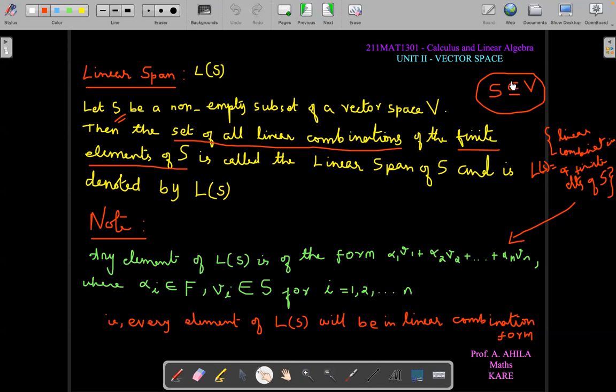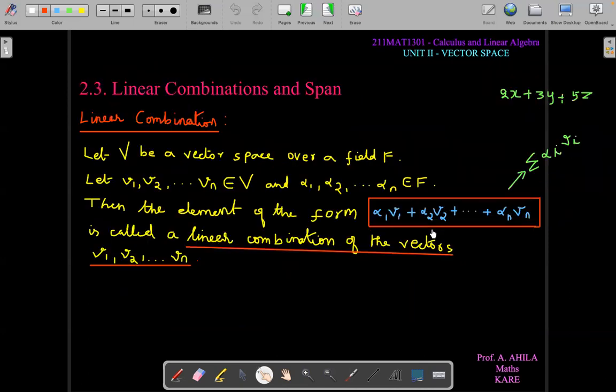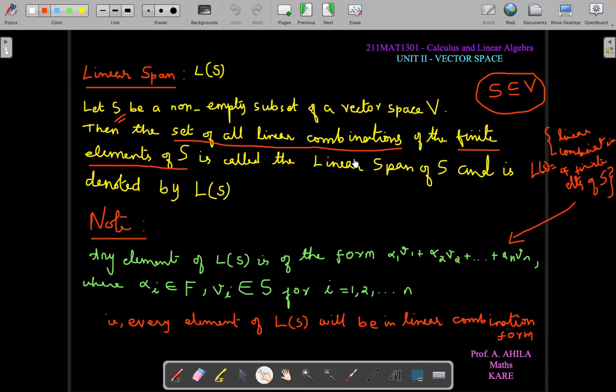S is the non-empty subset of V. And L of S is the set of all linear combinations. We know the linear combinations will be of this form, no? So if we collect all the linear combinations with respect to the finite elements of S, that collection is called the linear span L of S.